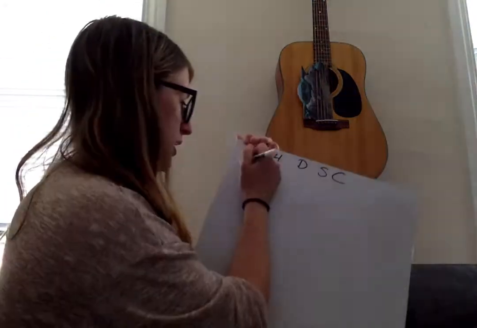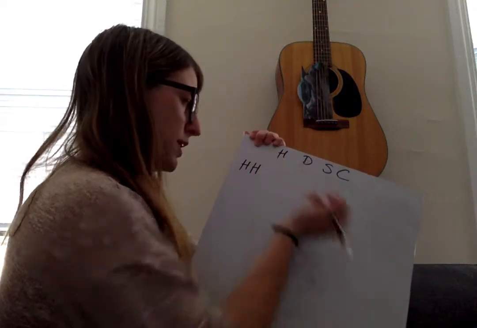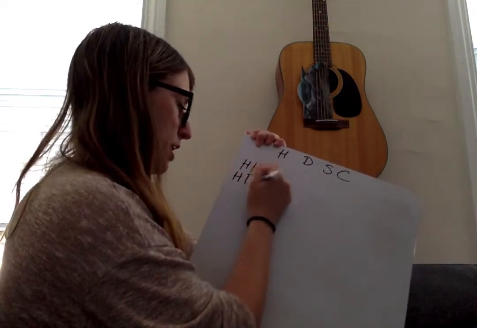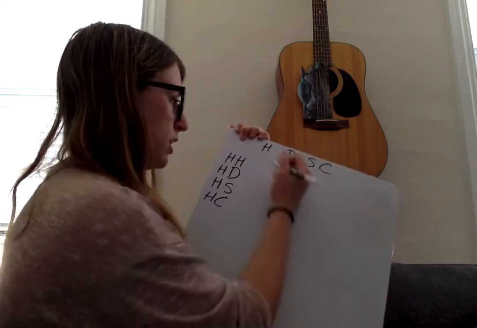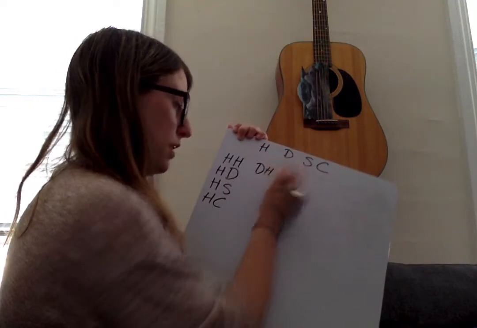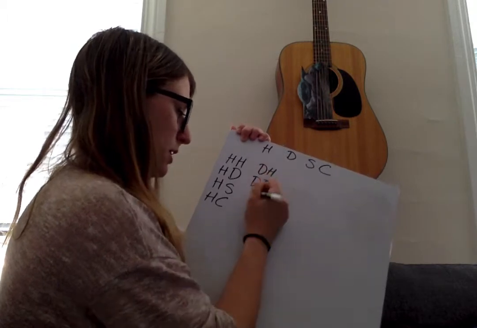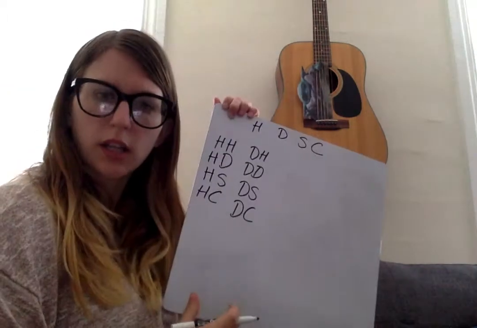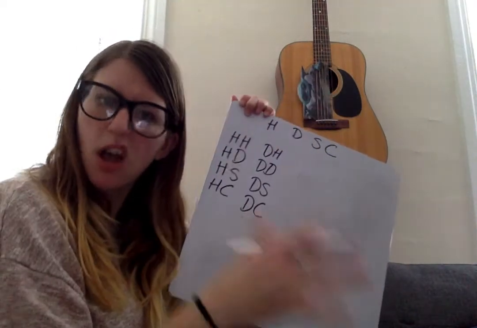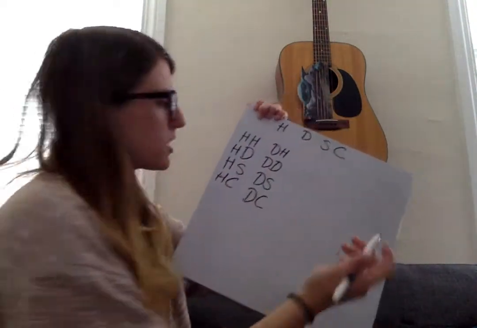So I could get hearts, hearts, heart, diamond, heart, spade, heart, club. I could get diamond, heart, diamond, diamond, diamond, spade, diamond, club. And when you write it like this, you'll see a pattern happen, and it'll help you figure out if you've missed something.